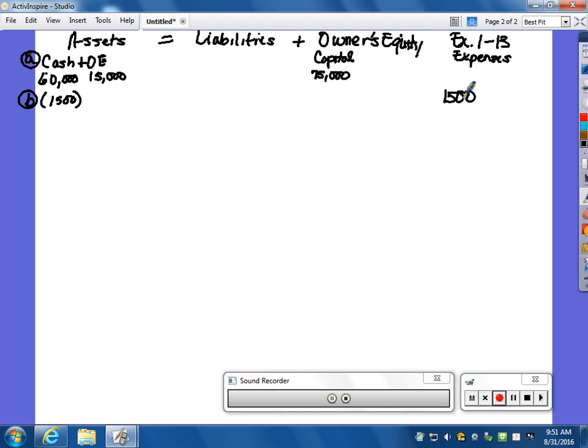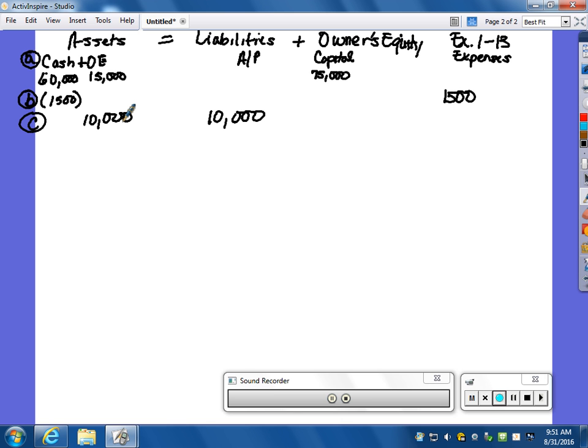Accounts payable increases by 10,000. Okay, what else happens? Office equipment increased by 10,000, because you gained that, right? You purchased it.